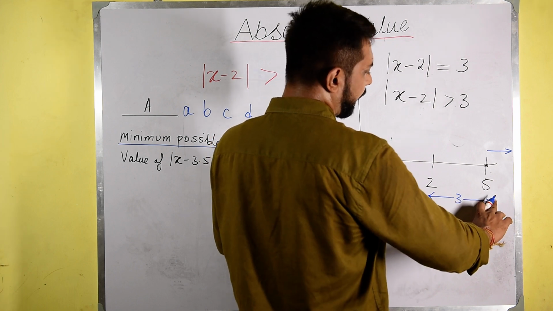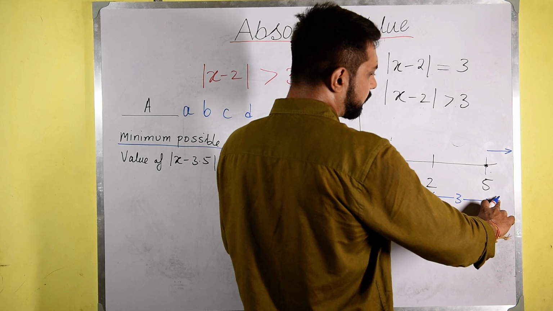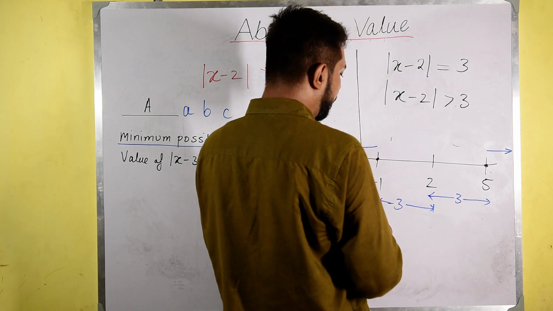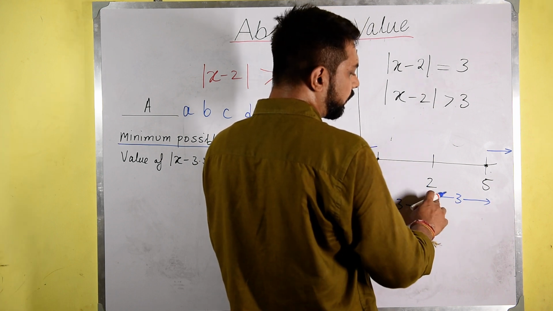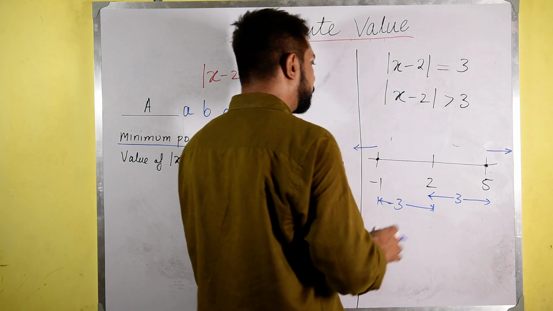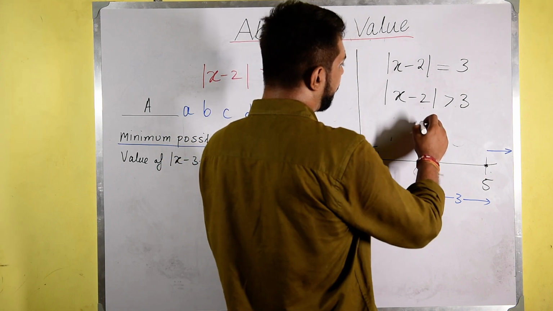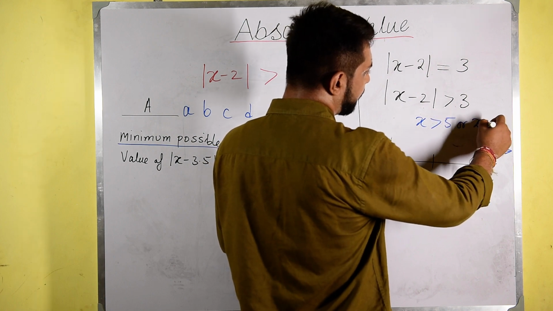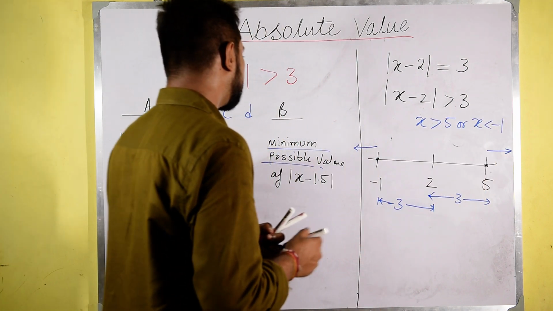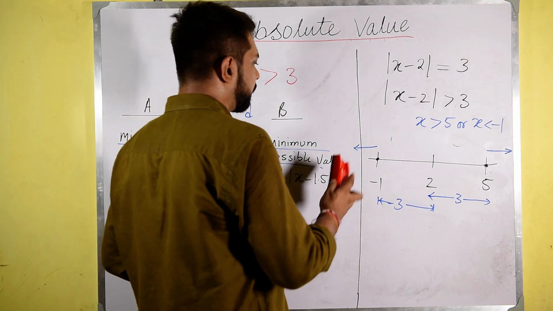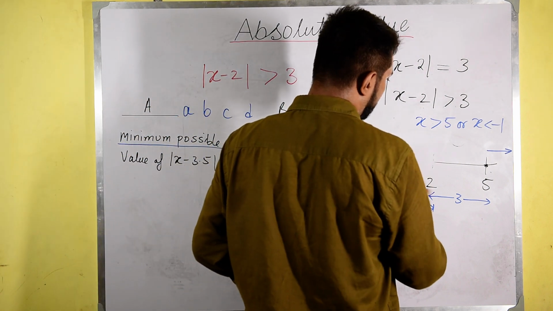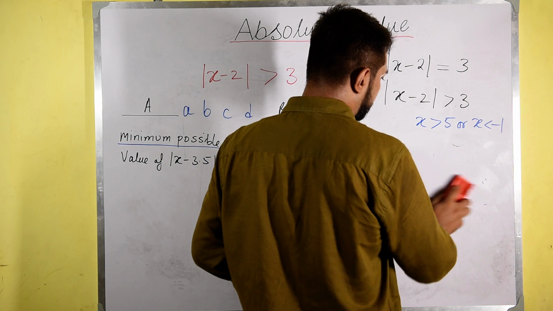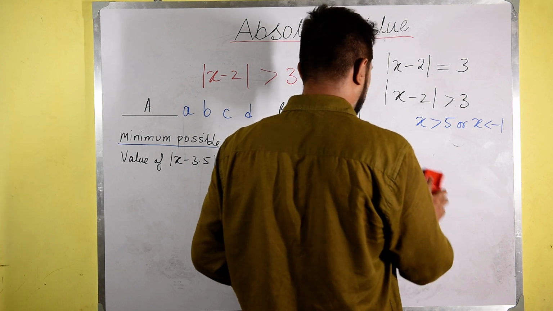So any point after 5 will be at a distance more than 3 units from 2. Similarly, any point on the left-hand side of minus 1 will be more than 3 units from 2. So for this statement, I get that x is greater than 5 or x is less than minus 1. I hope it is clear to all of you. Let me remove this part so that I get some space for further calculation.